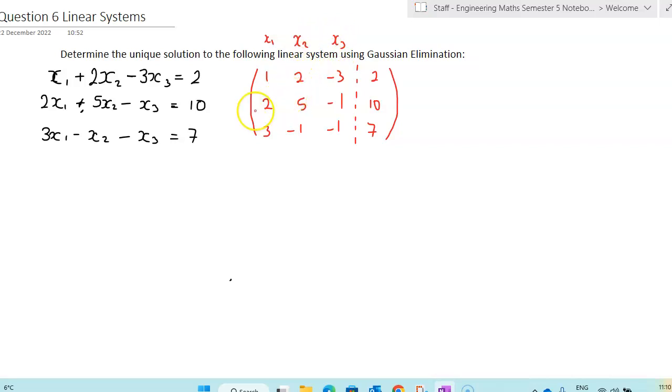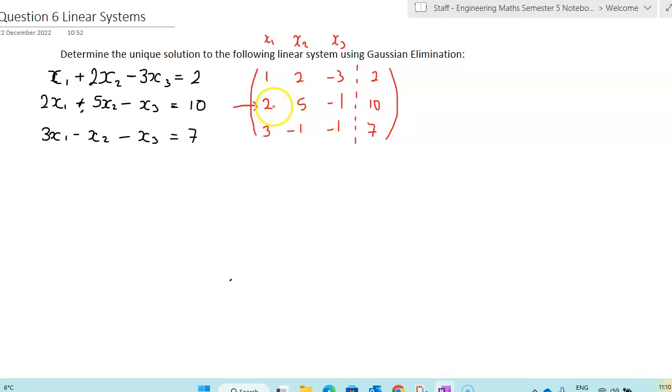To do Gaussian elimination, we want to get this lower triangle here of 3 numbers made into 0. And we have a sequence to do this. So the first one to become 0 is the 2, which means we're going to have to add, subtract, or multiply the rows to get rid of this 2.